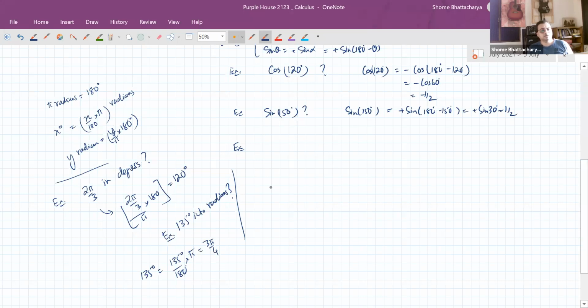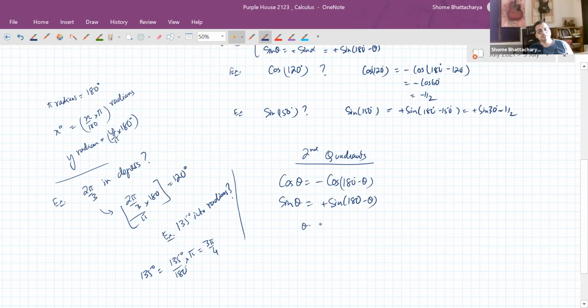So therefore, before we come to this example, this formula that we have just written for second quadrant, we can convert it to a formula for radians also. Okay. So we've written cos of theta is minus cos 180 degrees minus theta, and sine of theta is positive of sine 180 minus theta.